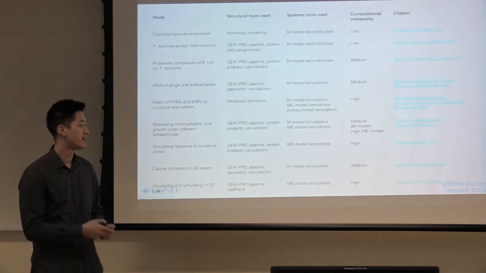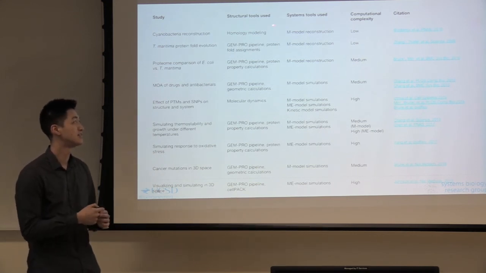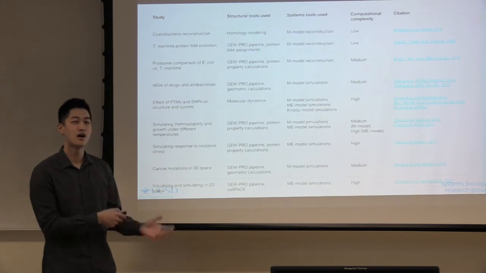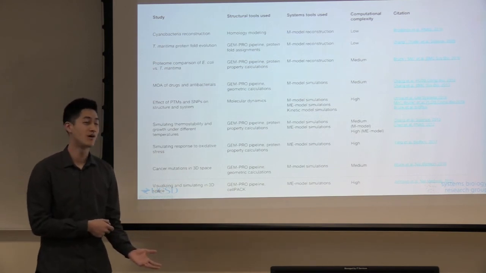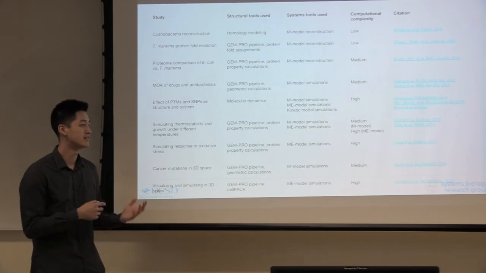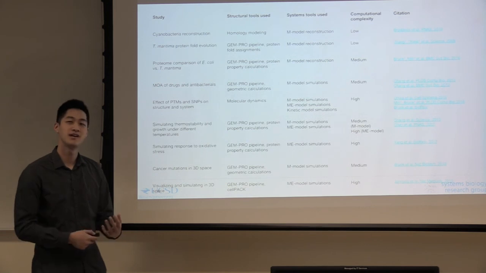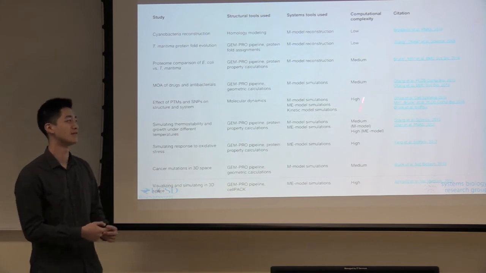So finally, I have a table that summarizes all these applications into one in terms of the structural tool used, the systems tool used, and the computational complexity that is required to carry out these simulations, along with the reference link here, so you guys can use this as a reference to understand the applications of GEM-PROs and what was required to do so.